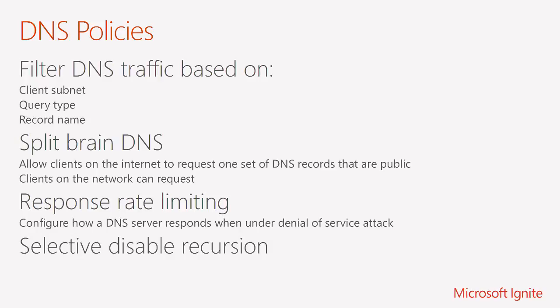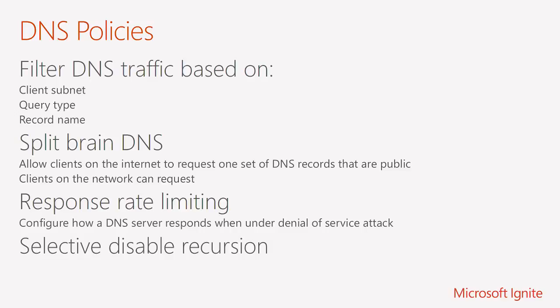So what you can do with selective recursion is say, right, for anybody on our internal network, handle queries recursively. Resolve a recursive query for any client sitting on the internal network. But if the client is on an external network and requests a recursive query, deny them. Say no, not doing it.